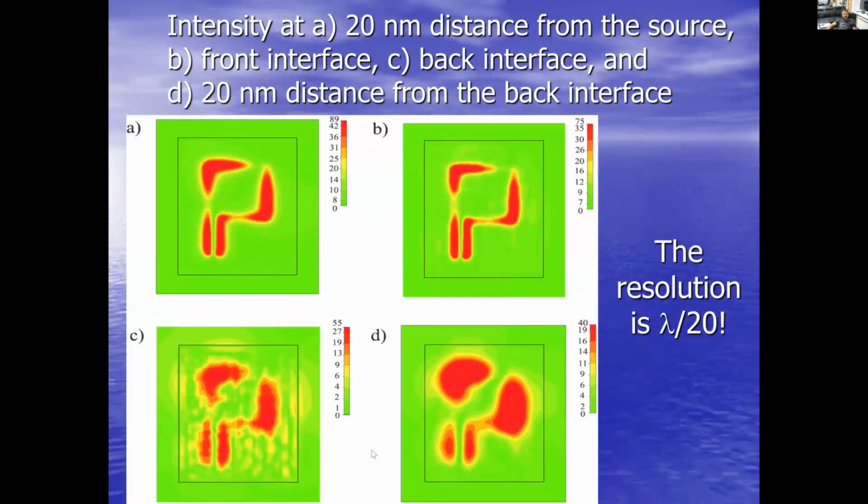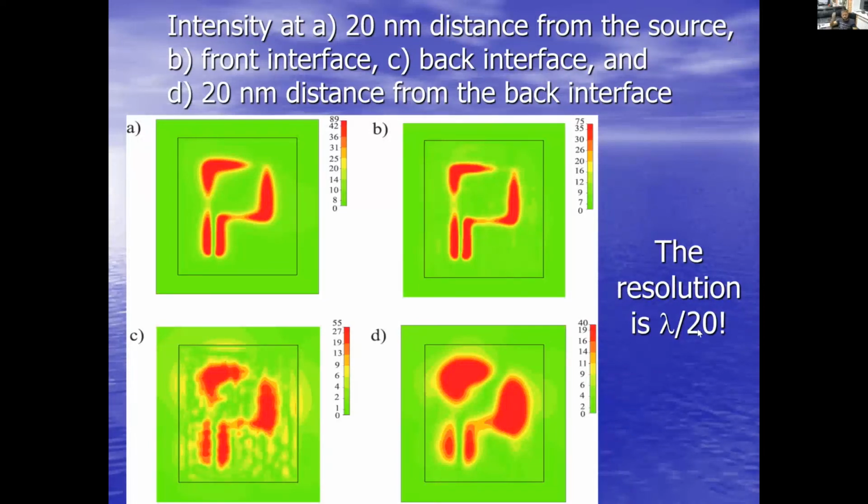Of course, we used the model for silver in this case, because silver satisfied the epsilon -1 condition at a particular frequency range. We got a very nice image at the back interface of this device. Right at the back interface, we saw surface plasmons traveling along the last silver layer, but at a distance of about 20 nanometers we got a very nice image, and the resolution was 20 times smaller than the wavelength.